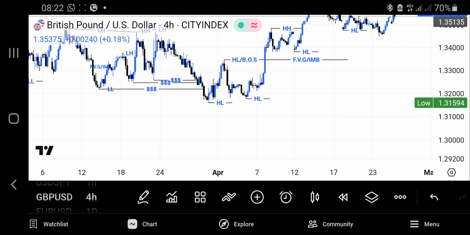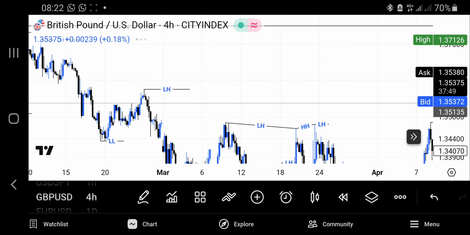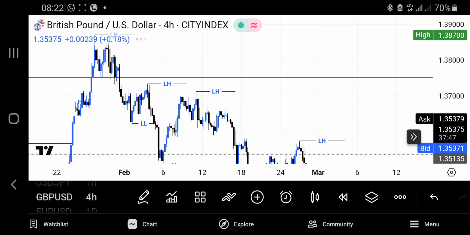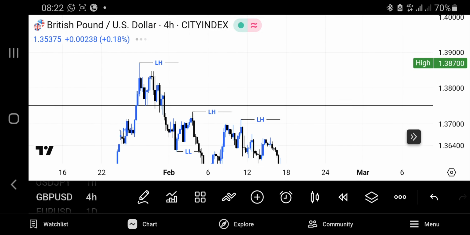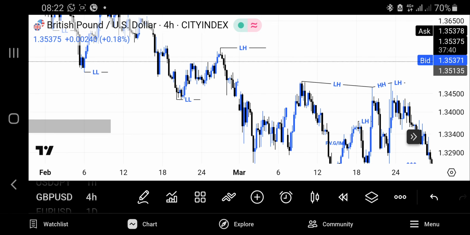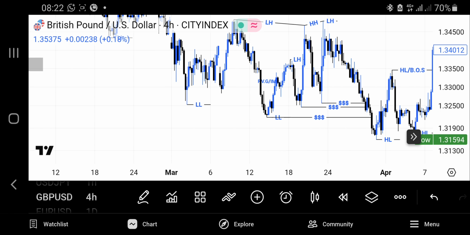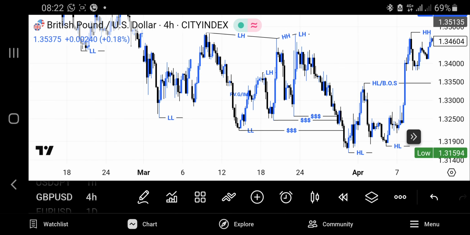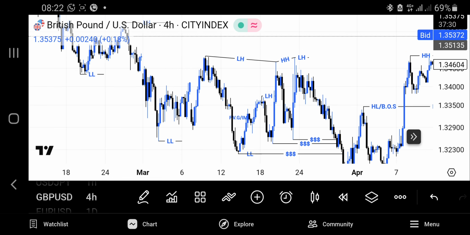This is where I have a lot. Like I said, you can see it from this point: lower high, lower low, lower high, lower low. At this point, I test the previous lower high to form a what?